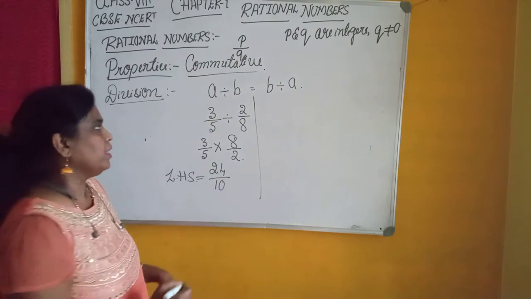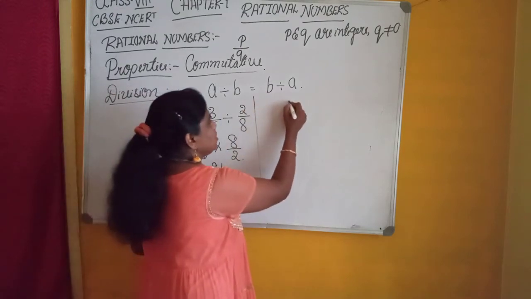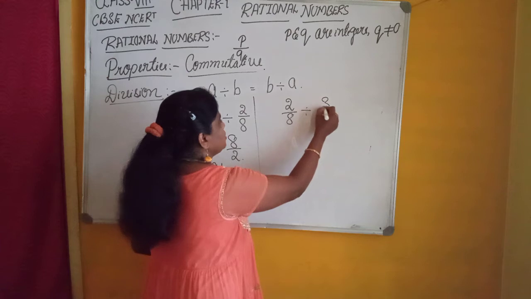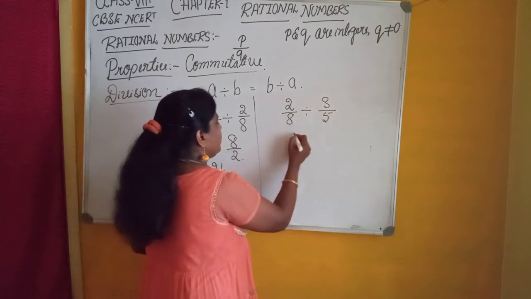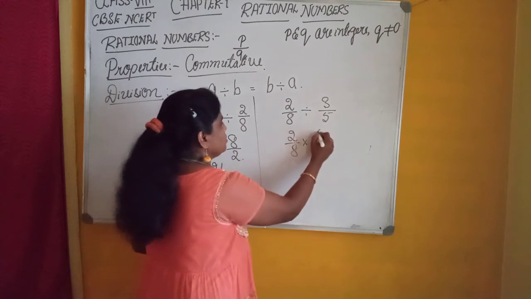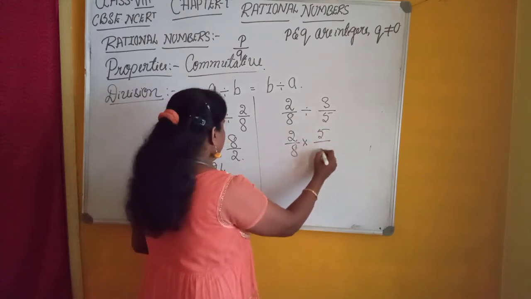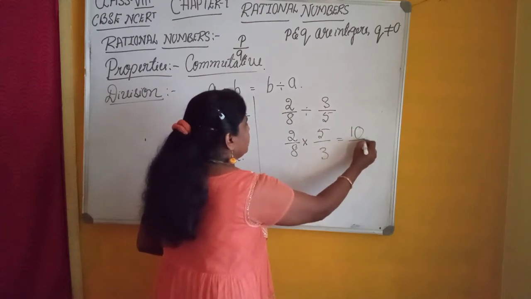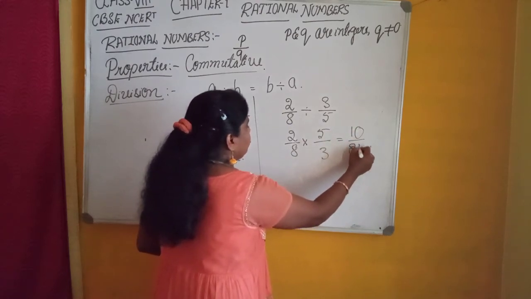Here b divided by a: the second term 2/8 divided by the first term 3/5. When we change to multiplication, it is 2/8 × 5/3, which is 10/24.